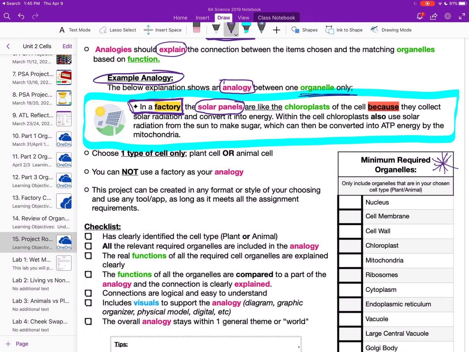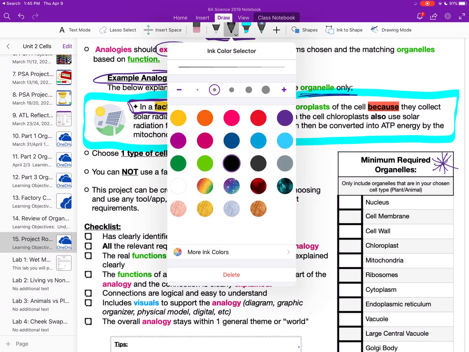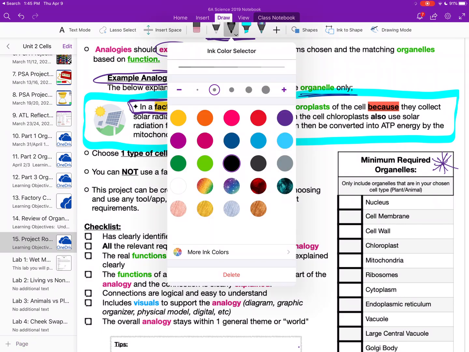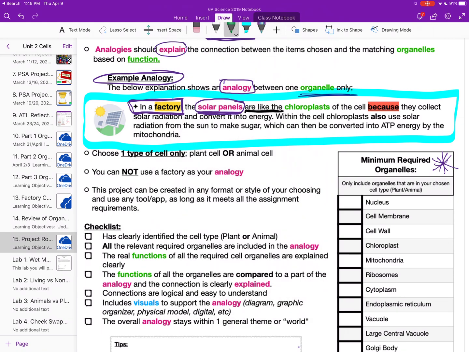Can you explain it? In this case, the specific analogy structure is a solar panel. And then they've written here, are like. This is that comparison statement. So solar panels are like chloroplasts. This is the structure within the cell. All the words that are green give you an indication that it's about structure and function, and you get a grade for structure and function.